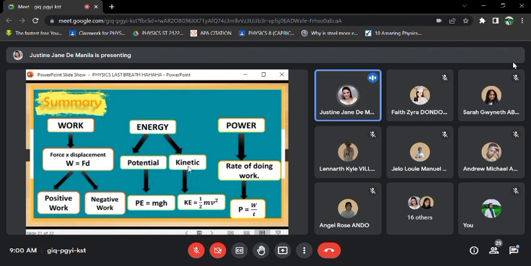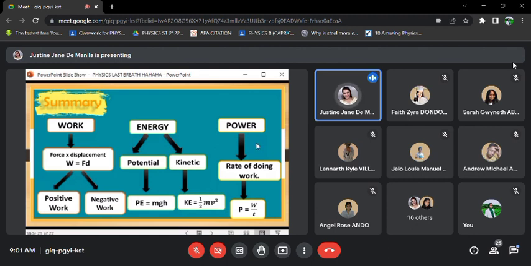Kinetic energy is the energy of a moving object. To solve for the kinetic energy, we have KE equals 1/2 mv squared. And their unit, class, is joules.